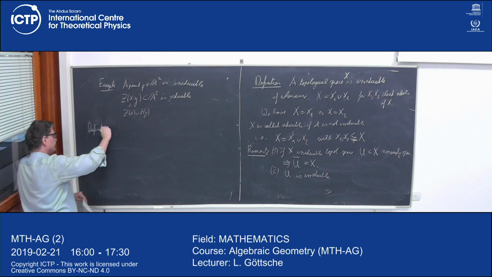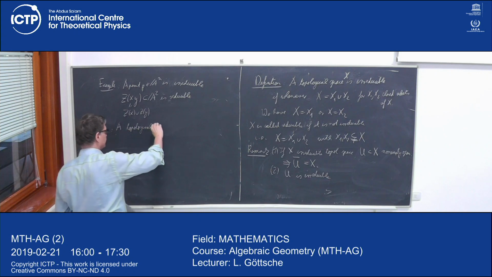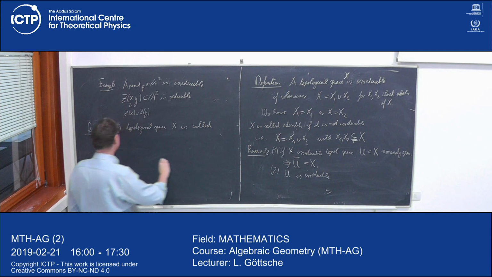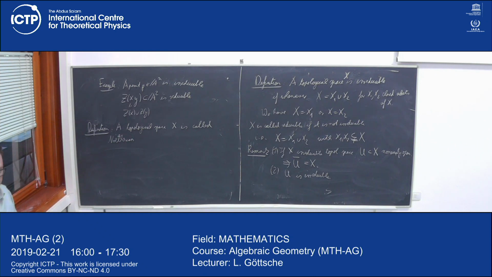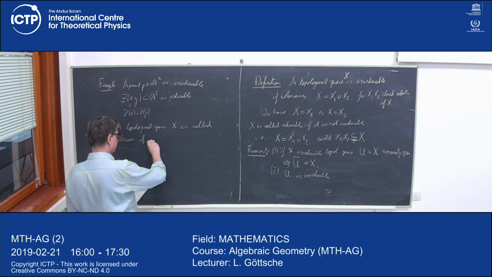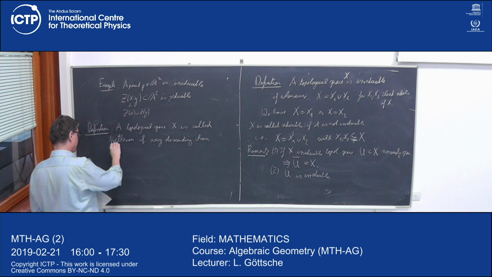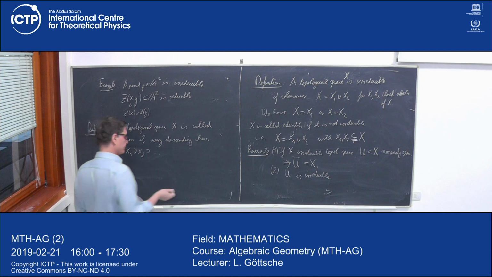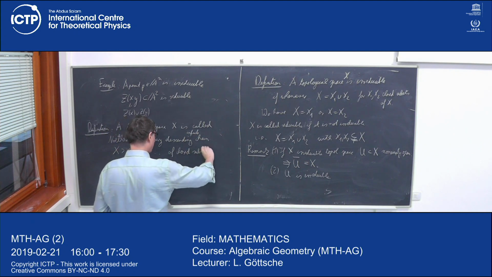Definition. The topological space X is called Noetherian if it has a very similar descending chain property for closed subsets: every infinite descending chain of closed subsets of X becomes stationary.